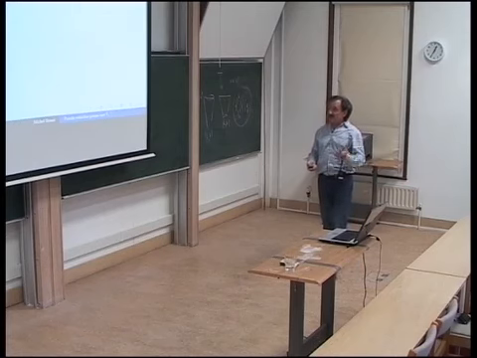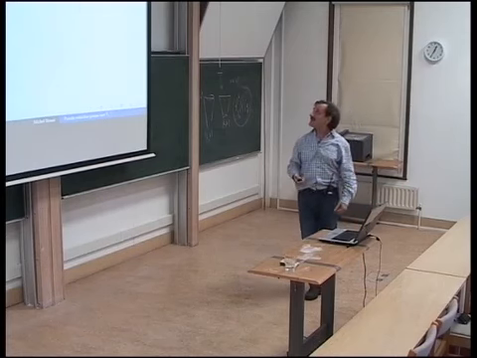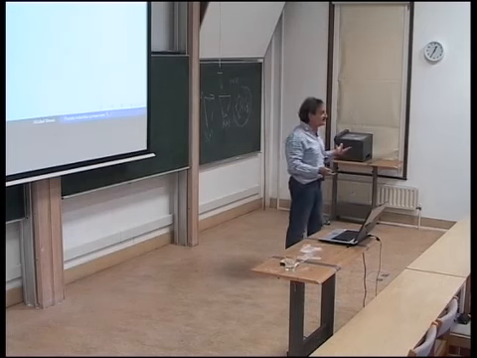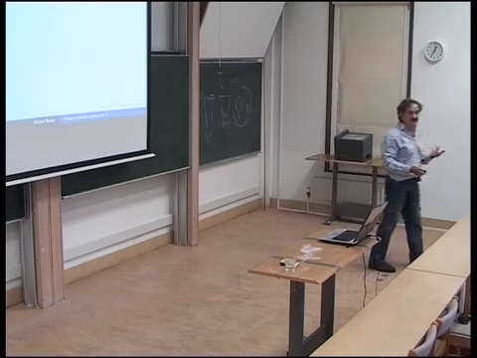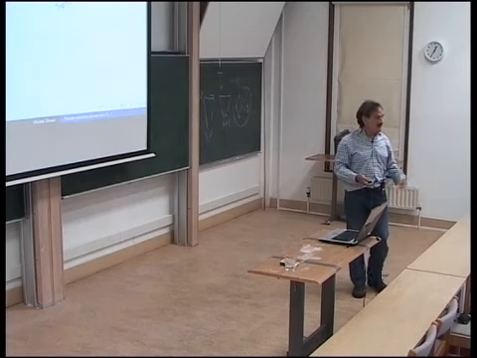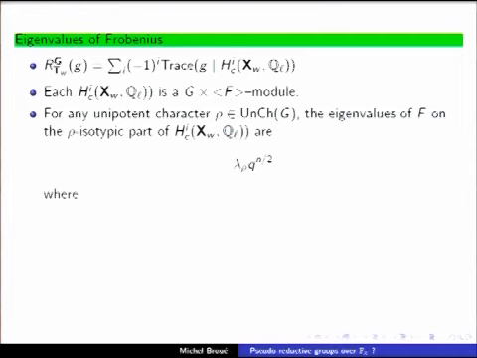And so for any unipotent character rho, the eigenvalue of F on the rho-isotypic part has to be considered. And they have the following property. They are always of the shape lambda_rho times q to the n over 2, where lambda_rho is a root of unity and n is an integer, so it's a half power of q. It's always like this. This lambda_rho is independent of i and w.